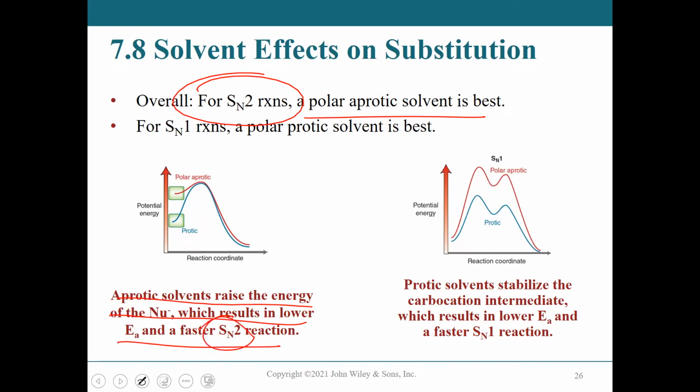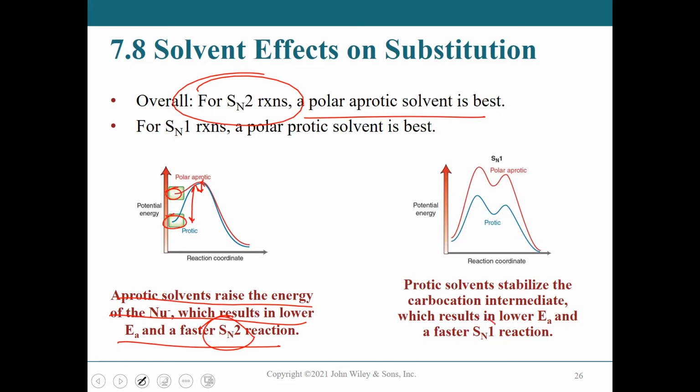So they raise the energy of the nucleophile, so the activation energy is smaller. The SN2 reaction gets faster in polar aprotic solvent because the level of the reactants is higher, so the activation energy in this case is smaller than in this case. The energetic barrier is smaller in a polar aprotic solvent.